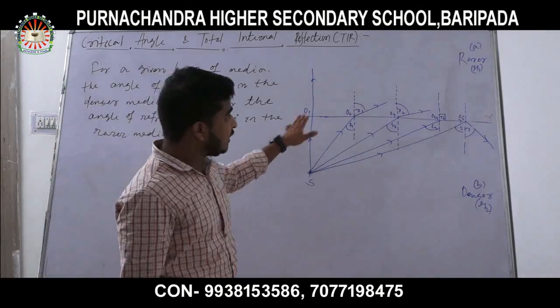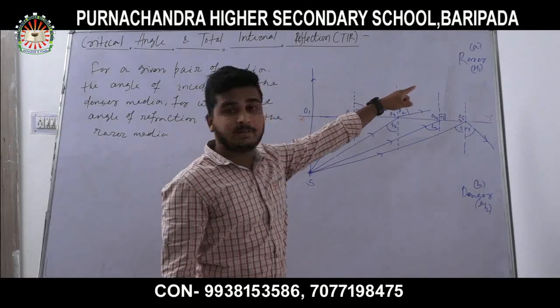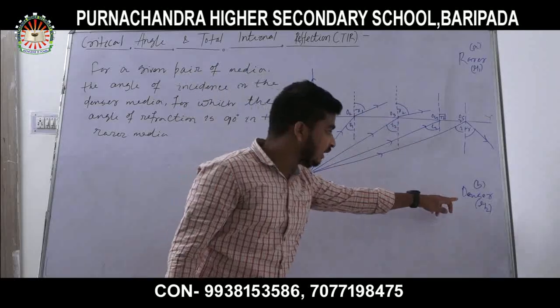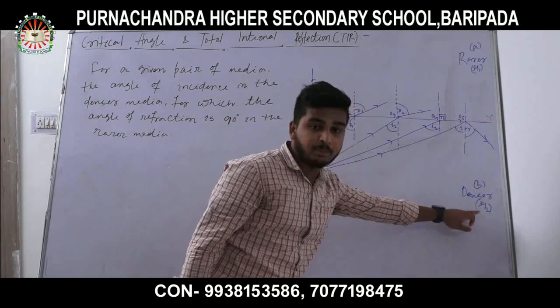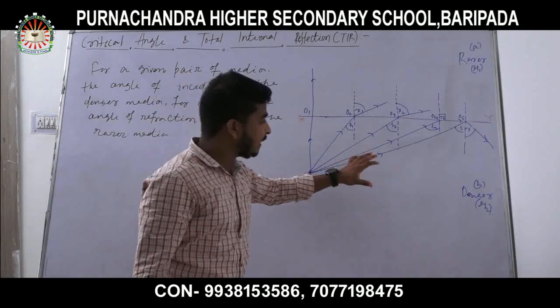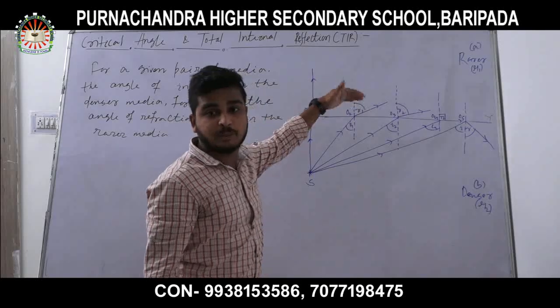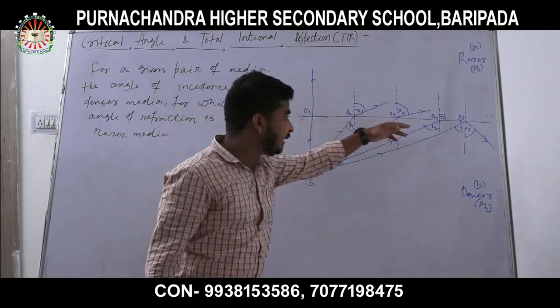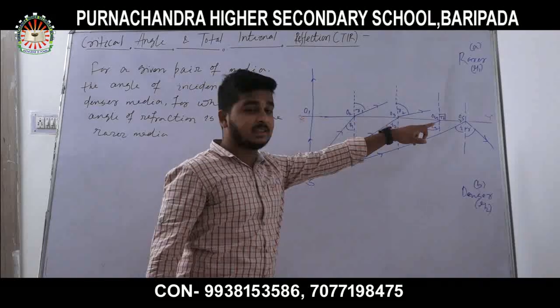Suppose this is a rarer medium, or medium 1 or A, having refractive index mu1, and this is a denser medium or medium B having refractive index mu2. So this is the optically denser medium, this is the optically rarer medium, and these two media are separated by the interface XY.